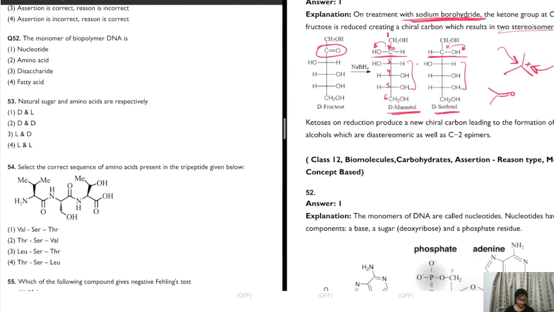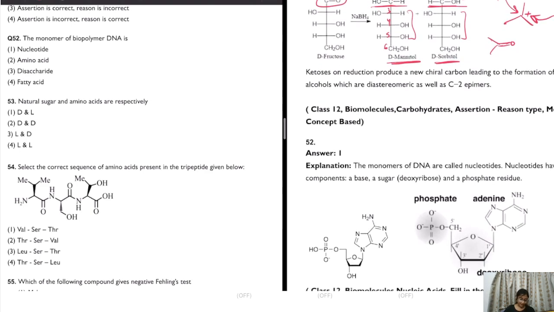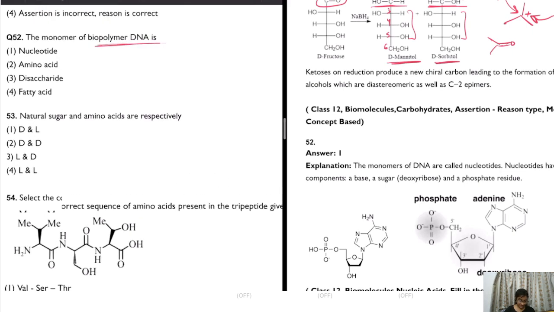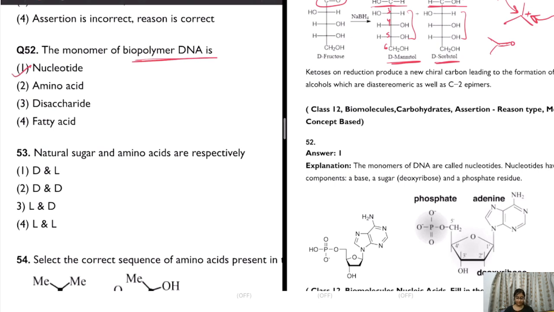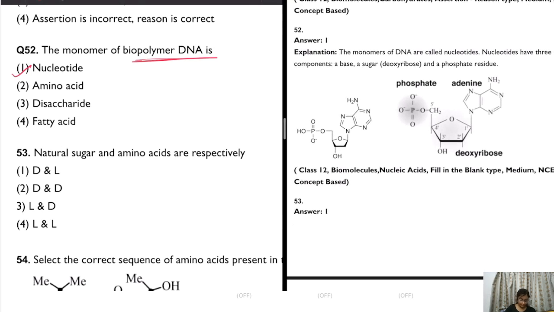The next question says: the monomer of biopolymer DNA is. See, the answer would be nucleotide. Why? Because nucleotide is the monomer of DNA and the nucleotide consists of a sugar.